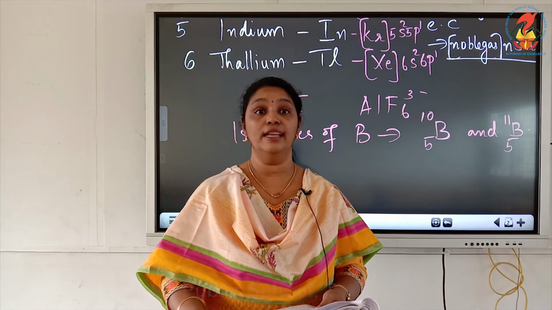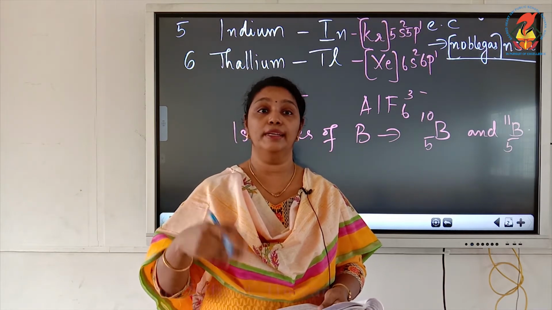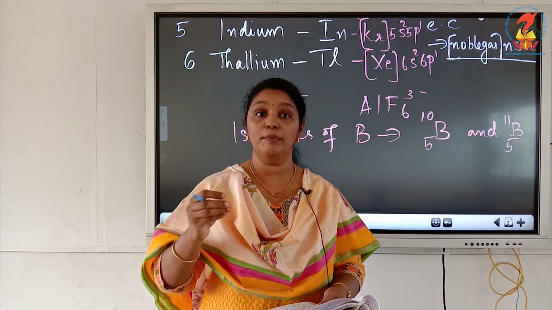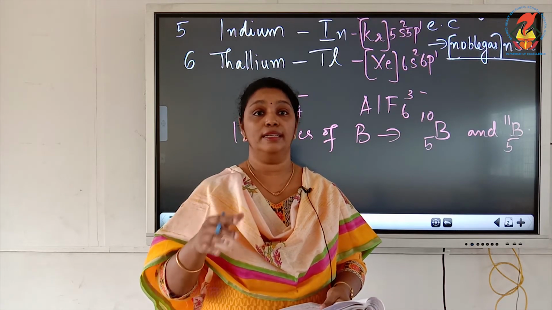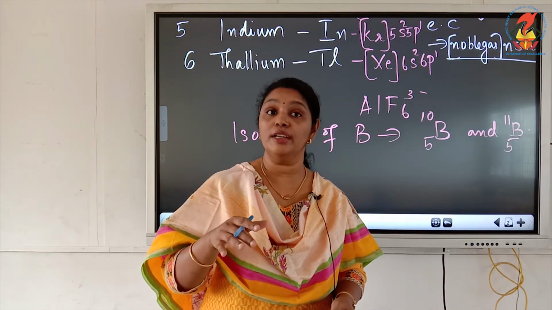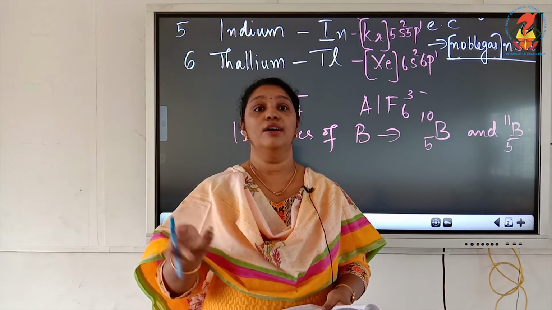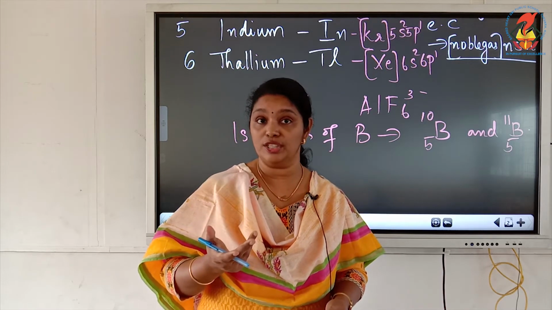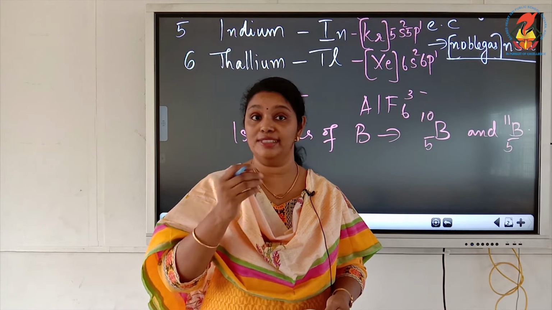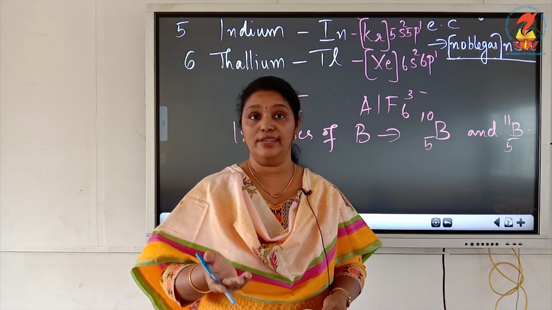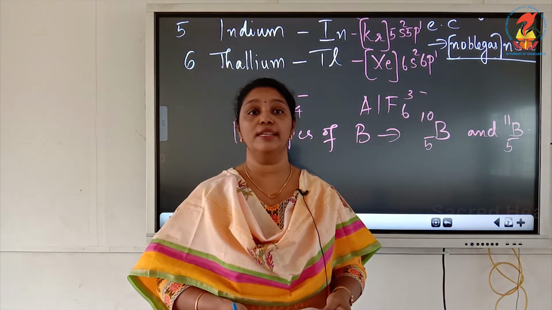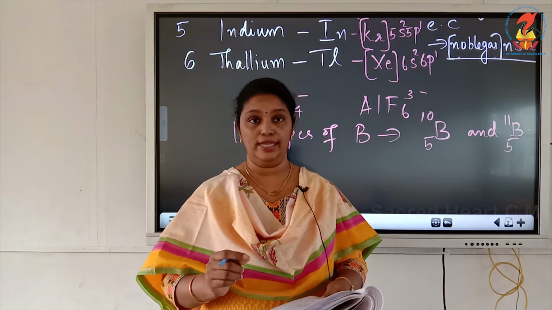And what is the reason? Across the period the atomic number increases, so nuclear charge increases. What happens when nuclear charge increases and the electrons are added to the same shell? Nuclear charge increases, Z effective increases, so atomic radius decreases.